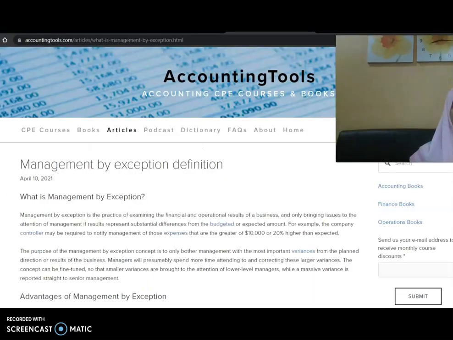So what is management by exception? Management by exception is the practice of examining the financial and operational results of a business. You look at the results of your business, and you only bring issues to the attention of management if results represent substantial differences from the budgeted or expected amount.